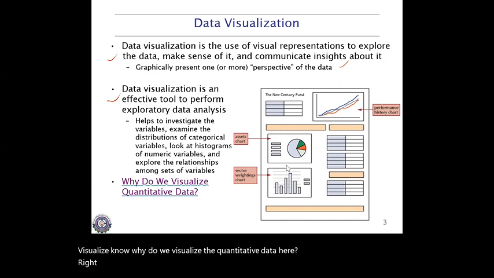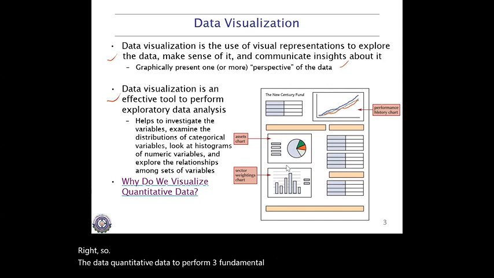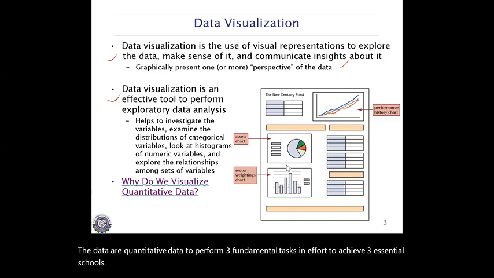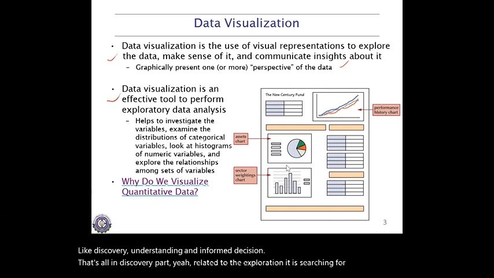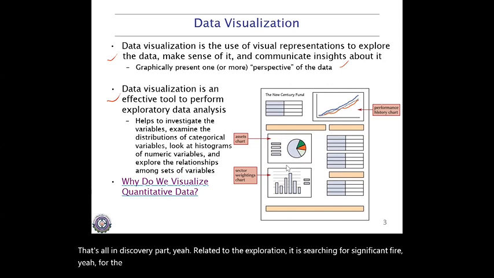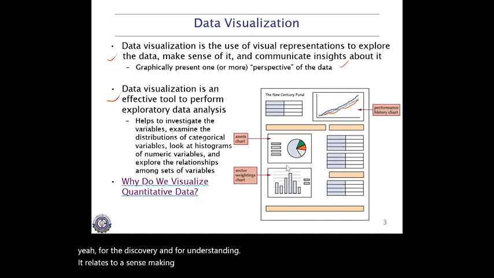So the quantitative data is used to perform three fundamental tasks in an effort to achieve three essential goals: discovery, understanding, and informed decision. In the discovery part, it is related to exploration, searching for significant facts. Understanding relates to sense making, examining and making sense of the data.